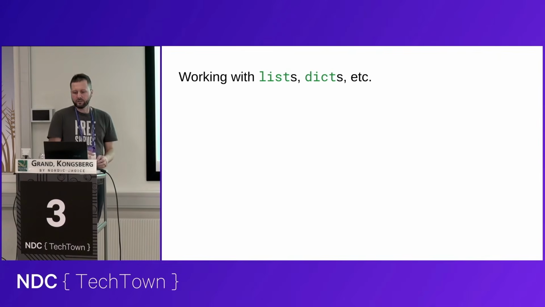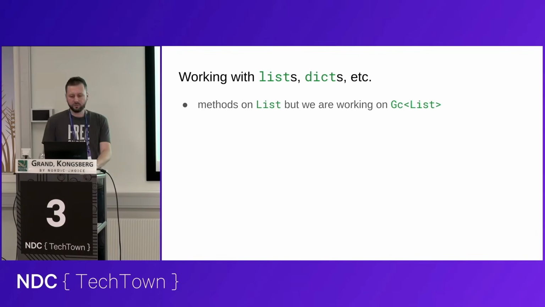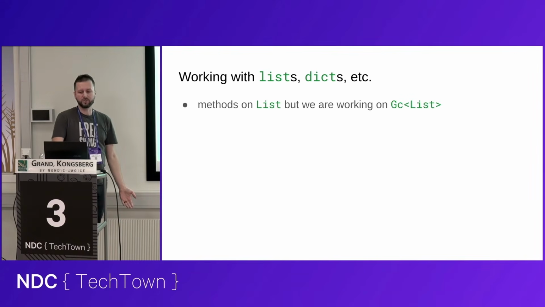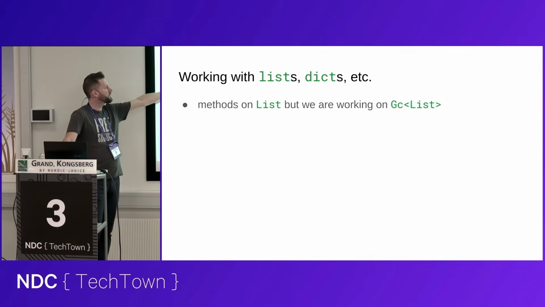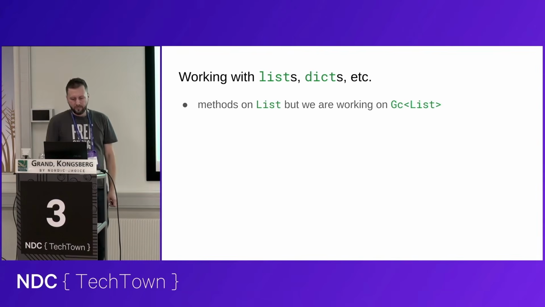As it turns out, while working on this task, I discovered another soundness hole in our code base. I previously talked about how GC function sref is unsafe because there are no guarantees about immutability of the underlying value. This is still true here. And we have all those methods on list, but we want to work on the GC wrapped version because we are always getting lists outside the Python's memory.